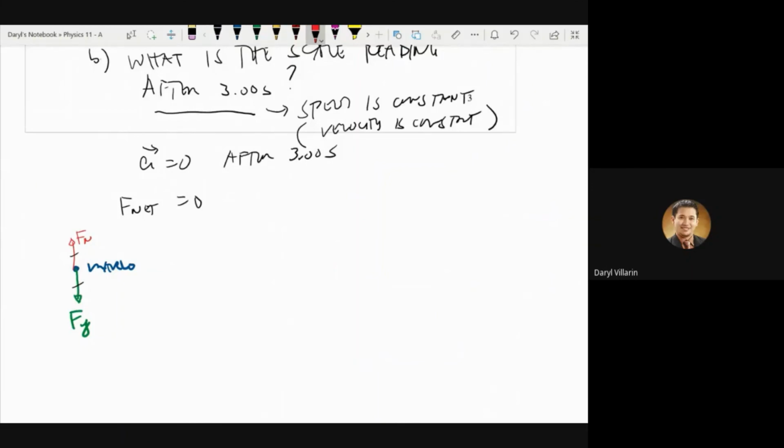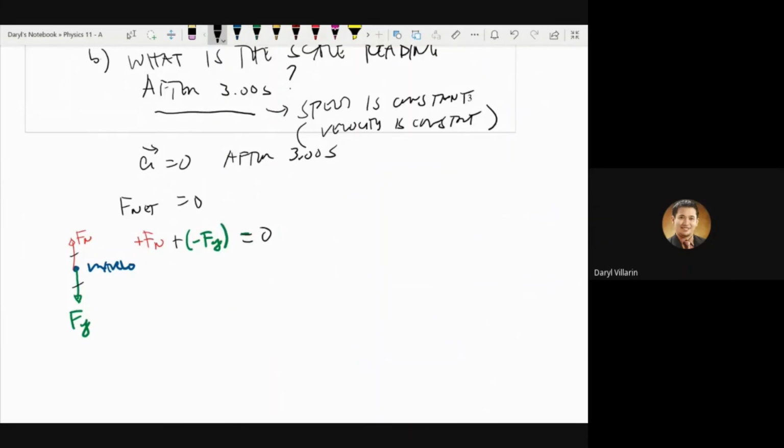Because if you expand this, F net is equal to 0 only means that positive Fn plus your negative Fg is equal to 0.